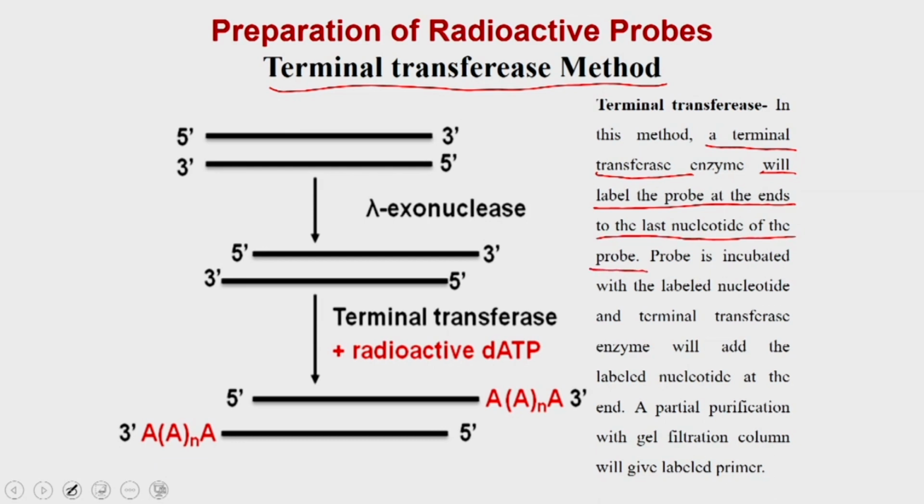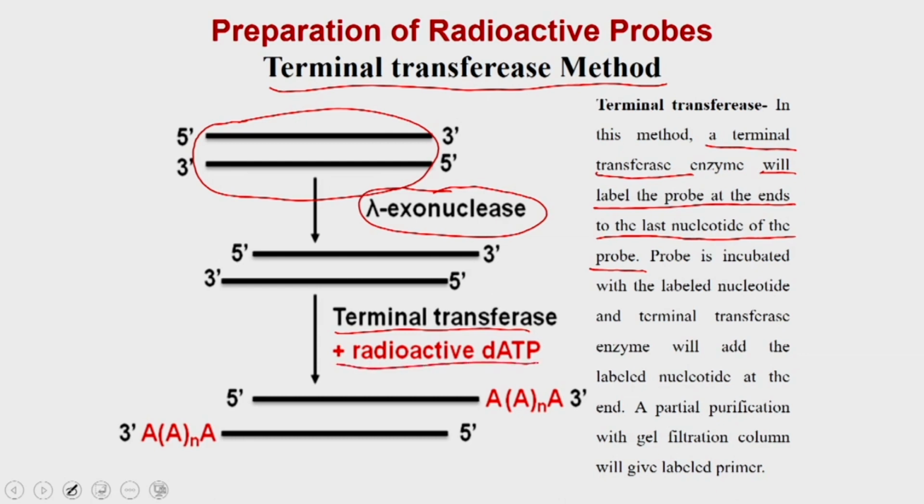If you have the probe DNA ready, you can add lambda exonuclease, which is going to create nicks in it, and then you add the terminal transferase along with the radioactive ATP. Once you do that, it is going to attach the radiolabeled ATP on both strands of the probe, and that is how the radiolabeled probe is ready by this method.